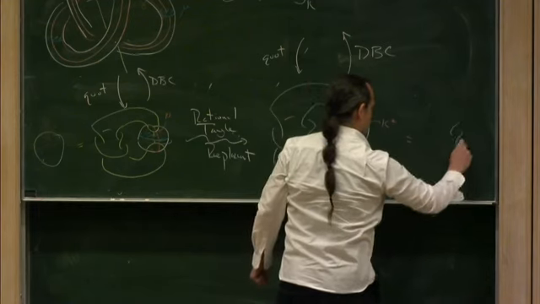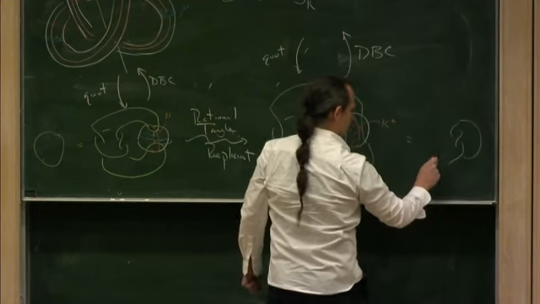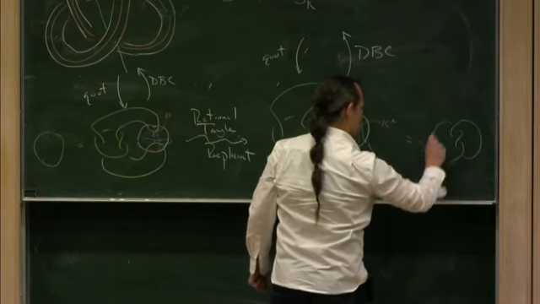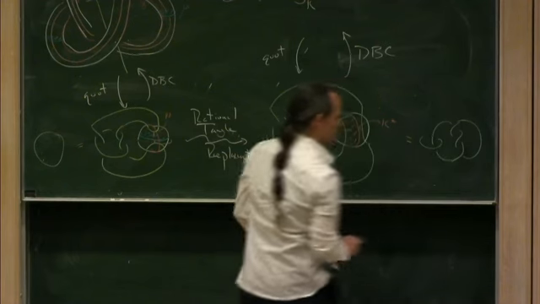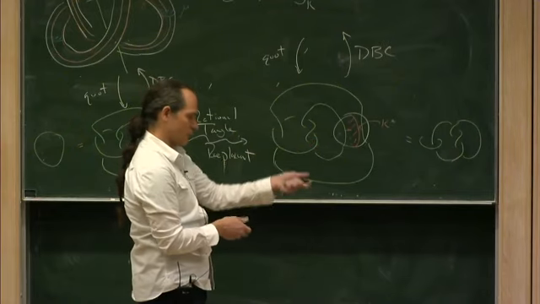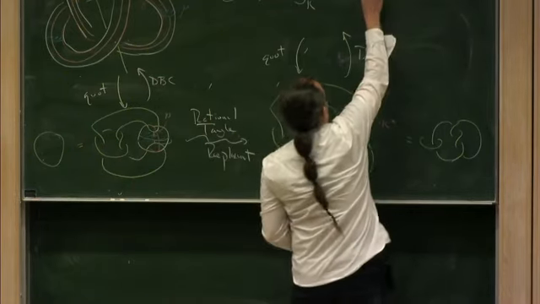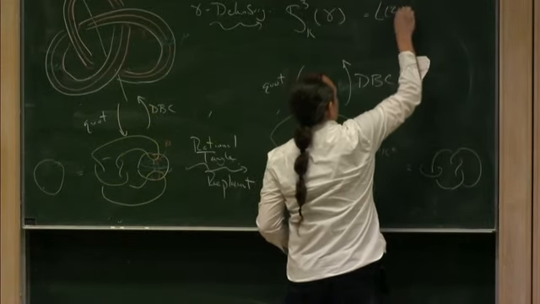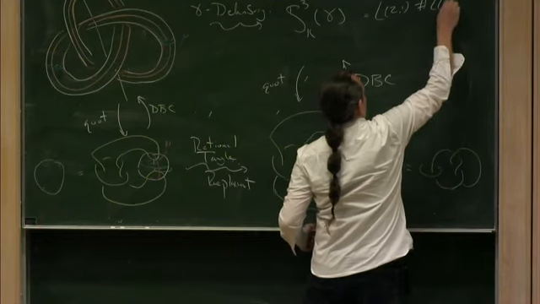So you can actually see it as, I guess I want to do it like this. Doing it like this, I can actually see this as the connect sum of the Hopf link and the trefoil, which then tells me that this manifold here is L(2,1) connect sum L(3,1).